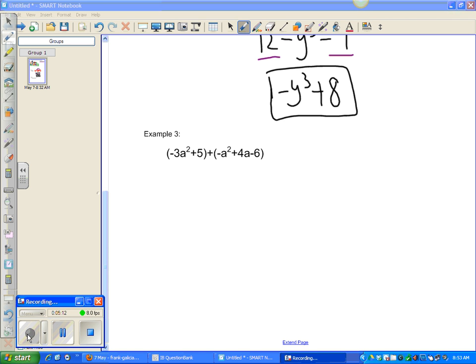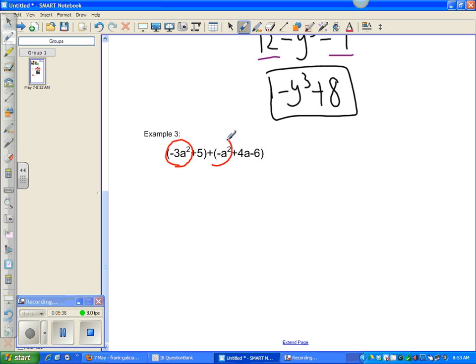So now that you've tried it, how do we combine this binomial, which has 2 terms, with this trinomial right here, which has 3 terms? Let's combine the ones with similar like terms. In this case, the leading coefficients are 2 and negative 3, and the degrees are 2 and 2. The two powers that are the same, let's combine those. Because we're adding, we don't change anything, so it becomes negative 4a squared.